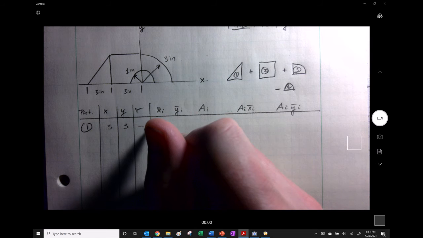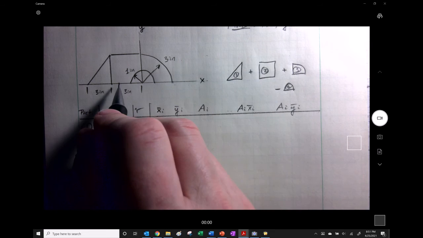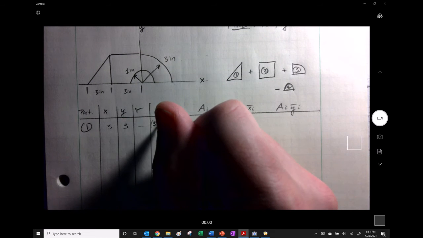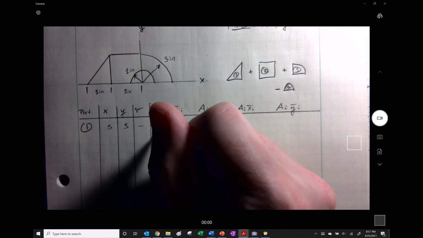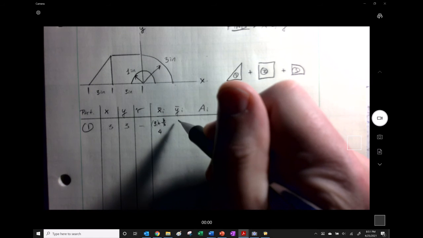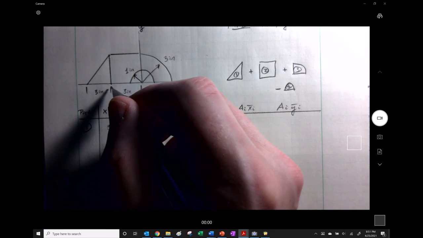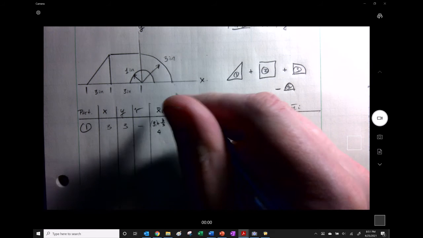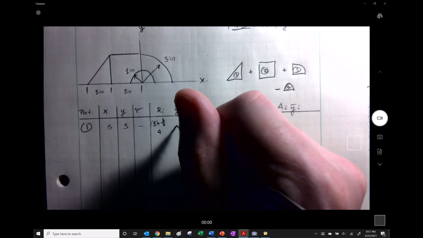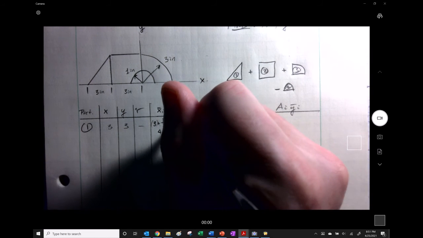And it's going to go 3 plus, I guess, 3 plus 3 over 3, or 4. And then y is just coming from upwards, so it's going to be 3 divided by 3, or just 1.